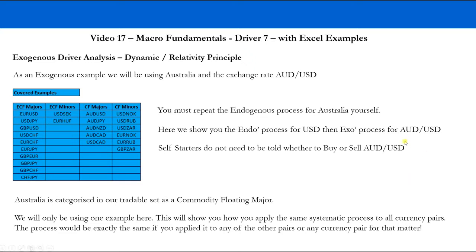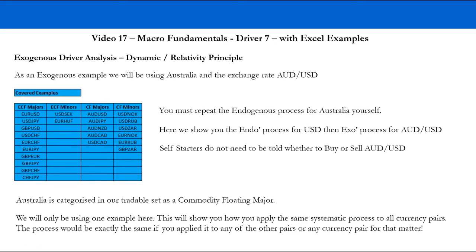So the way you have to view this is you have to view it as one asset, whether you buy it or sell it. And you do that through comparing the two countries and the macroeconomics exogenously. So comparing them relative to each other. And the dynamic relativity principle is essentially comparing the macroeconomics and then deciding whether to buy or sell this as one single asset. So always bear that in mind, that this is one asset.